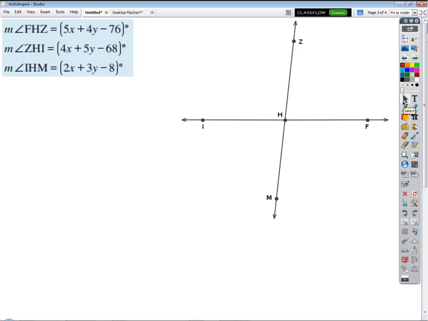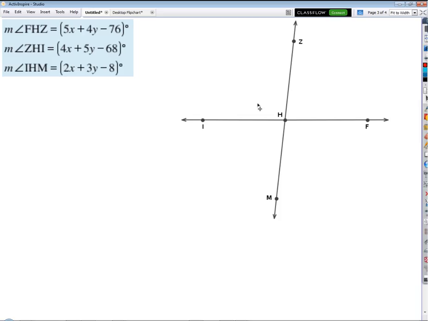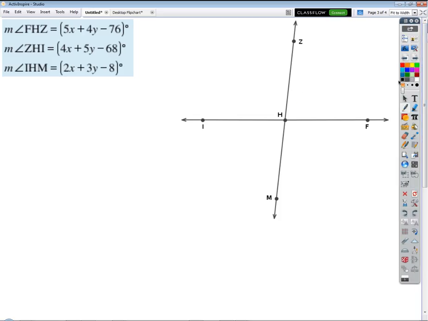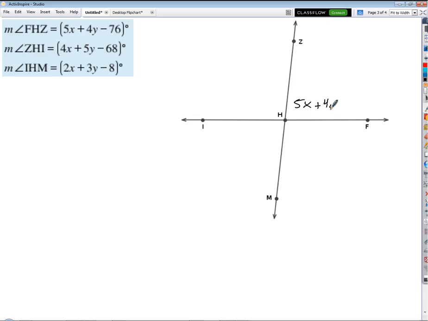Right now, if you look at all these, what I think might be a good idea is to draw a picture. Here's the picture, and let's just write in the expressions for x's and y's inside the angles they correspond to. Angle FHZ is the upper right one. That's got a measure of 5x plus 4y minus 76.